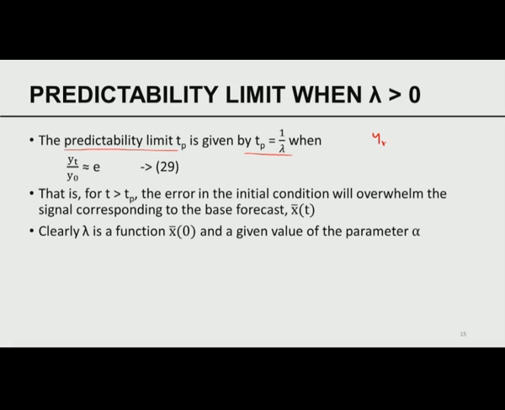If y of t is equal to e to the power of lambda t times y naught, and t is equal to Tp, which is 1 over lambda, then y of t is equal to e times y naught. That means the ratio of the magnitude of the error at time t to the initial error is of the order of e. Hey, that's the predictability limit.